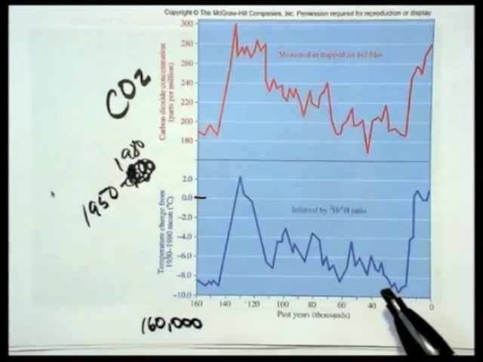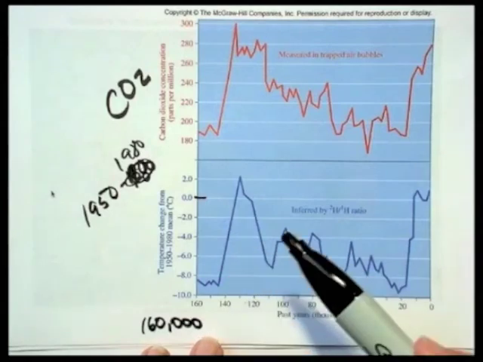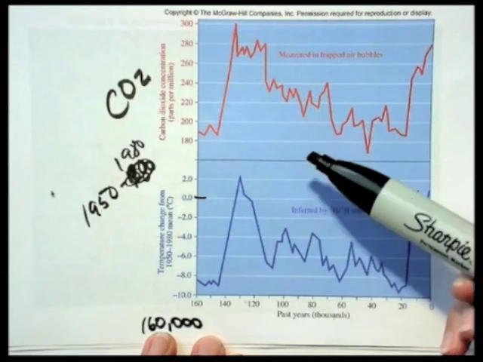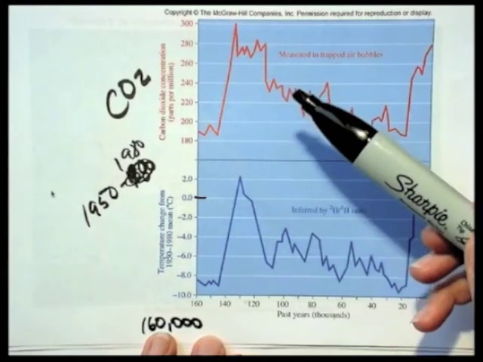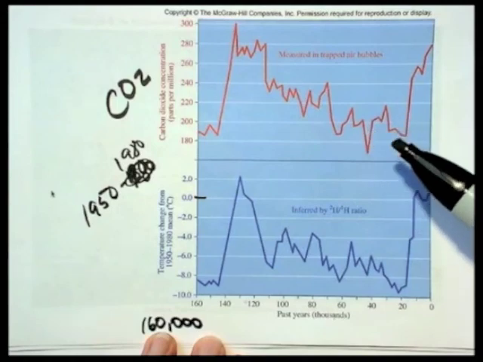And so these minimums are correlated with ice ages, all right? And so there is some obvious fluctuation that's going on over time. But the interesting thing is that fluctuation has been correlated with the concentration of carbon dioxide in the air.